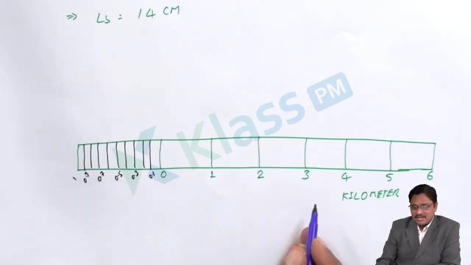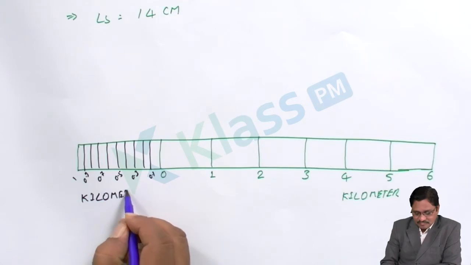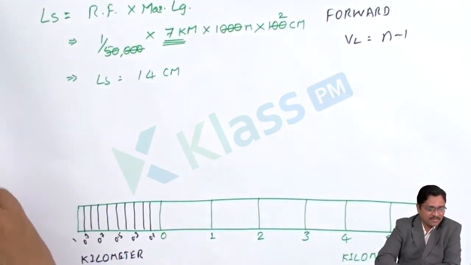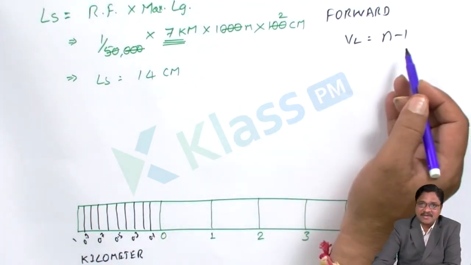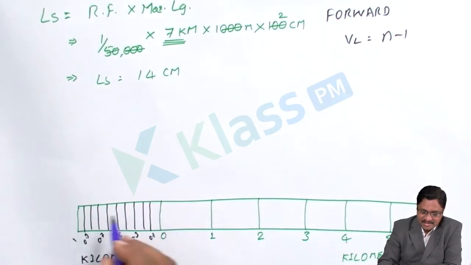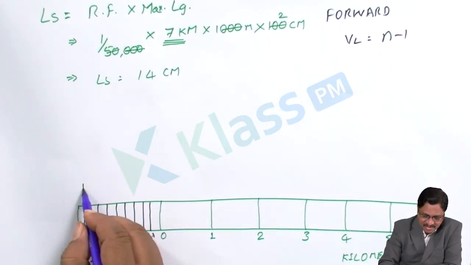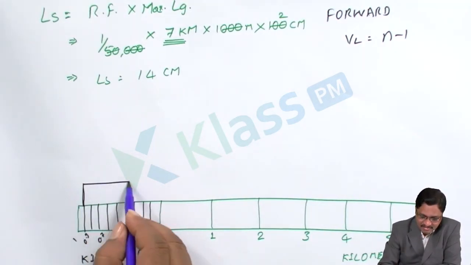Here also I write the same units, kilometers. After that, N minus 1 divisions. Here N is 10, so N minus 1 means 10 minus 1, which is 9. I am leaving 1 division from the left extreme and taking a length of 1 centimeter.